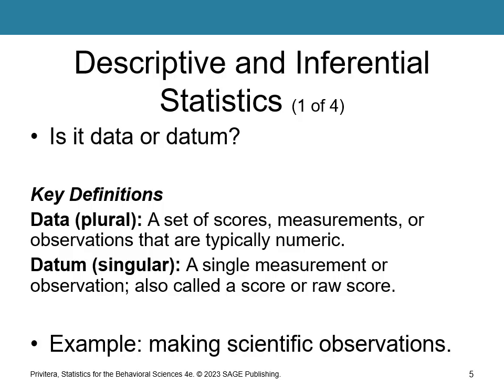Before we go further, let's get our terminology straight. You'll hear me use the word data a lot in this course. Data is plural. It refers to a collection of scores or measurements. A single measurement is called a datum, though in everyday language, people often use data for both.